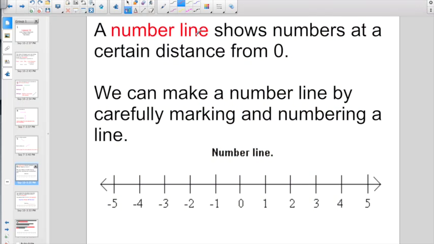So, moving into something different, we might remember this from kindergarten or first grade or second grade, and we're talking about number lines. And a number line shows numbers at a certain distance from zero. We can make a number line by carefully marking and numbering a line. Draw out a line, put in what they call the tick marks, and start numbering.